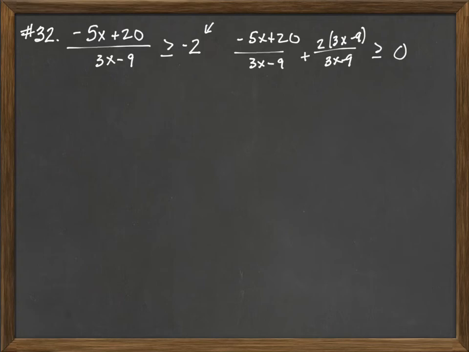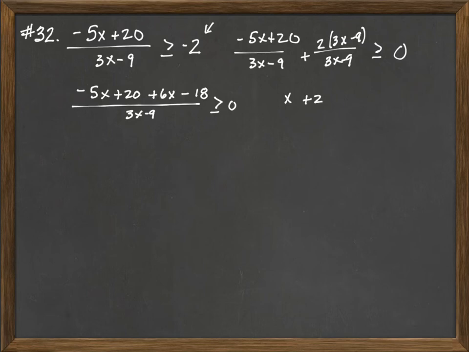So putting it all together, I have negative 5x plus 20 plus 6x minus 18 all over 3x minus 9, which is greater than or equal to 0. Combine your like terms and you get x plus 2 over 3x minus 9, has to be greater than or equal to 0. This factors to 3 and x minus 3.